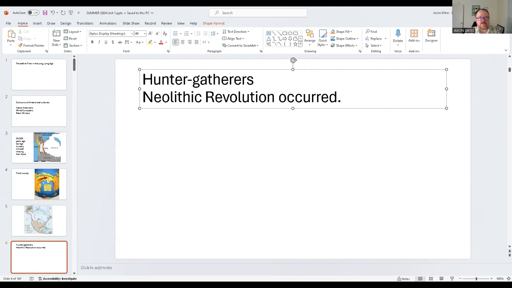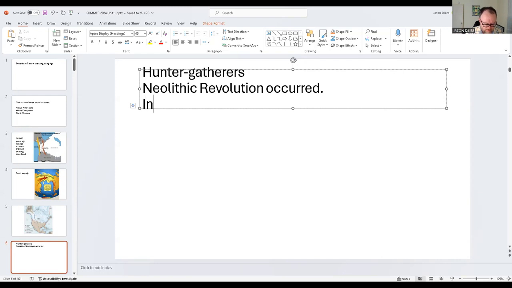In the Middle East, it happened about 12,000 years ago, but we're not sure when it occurred here. The Neolithic Revolution, very simply, is the invention of farming.